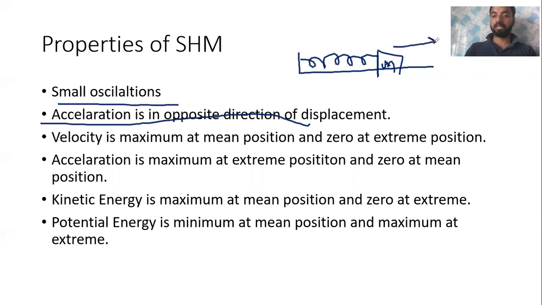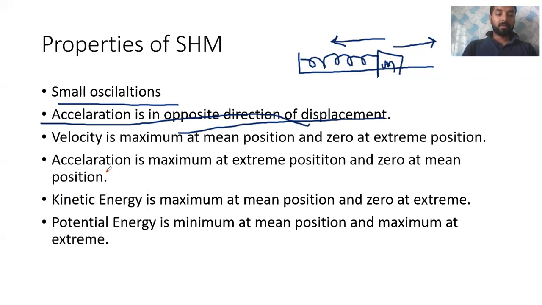If I stretch it up to this point, what will happen? The spring will try to restore itself, right? And if I compress the spring, the spring will try to expand itself. So here you can see that the force that the spring offers to the mass is always in the opposite direction of the displacement. Therefore acceleration is always in the opposite direction of displacement.